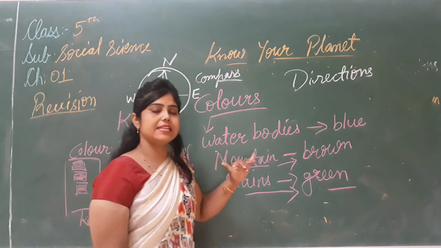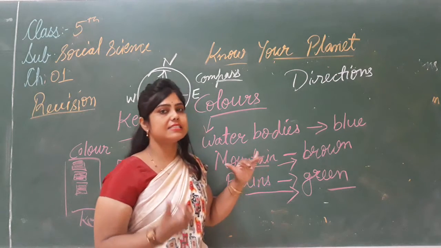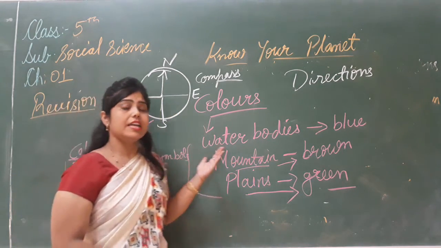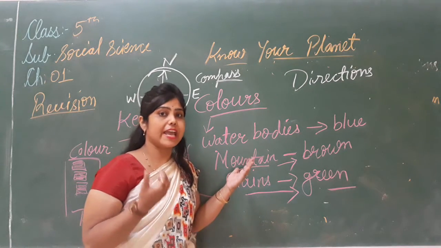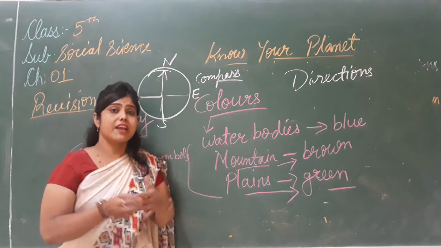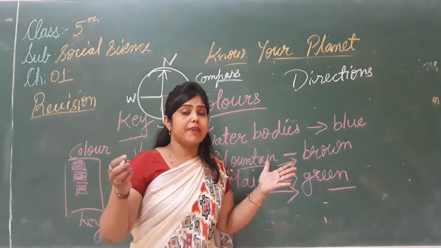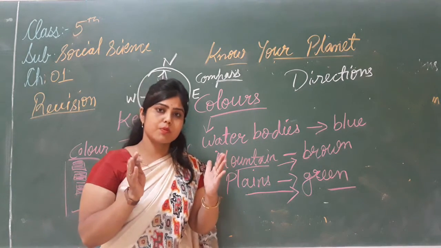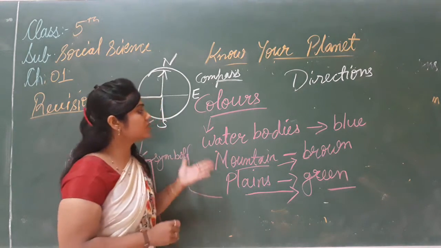Now the next feature is the scale. What is a scale? It is not possible to show the actual distance on a map, because we can't make a map of a very large size. A map is very small in size, so we use scale.